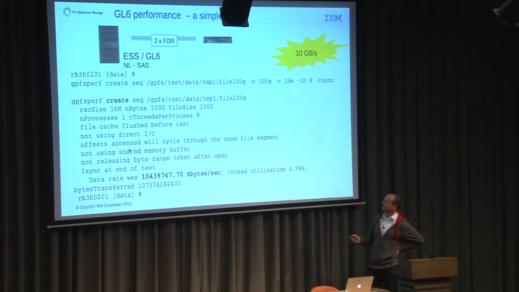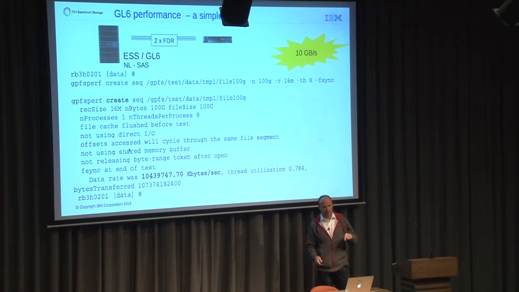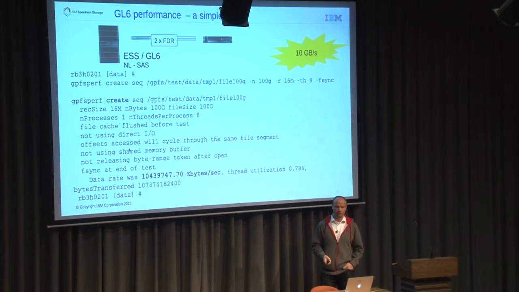That's an example of a single client accessing files on a GL6 model. It's 10 gigabytes per second with a single client. Maybe here, some side effects focus on the connectivity. I mean, 10 gigabytes is the ability of the code talking from client to server and vice versa. To get out this huge bandwidth from this disk, it wouldn't be possible with a 10 gig or 40 gig network.